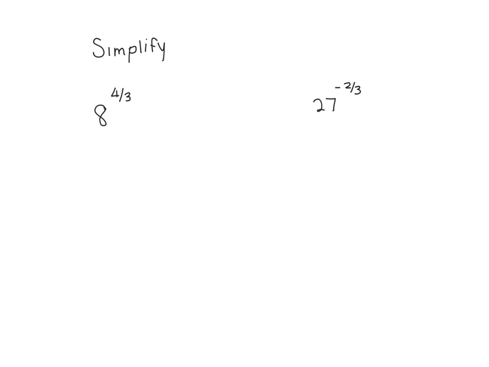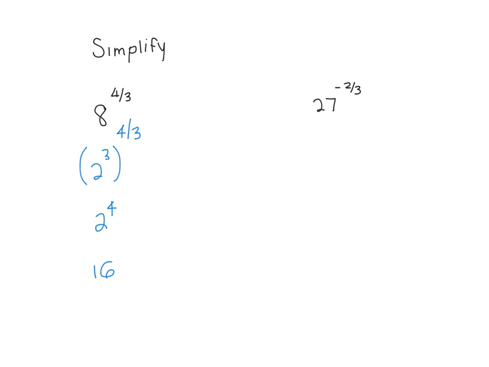Let's simplify the following. We have 8 raised to the 4/3. 8 is the same as 2 raised to the 3rd power. That's just 8. And we are raising it again to the 4/3. This is a power to the power, so you multiply the exponents. You're left with 2 to the 4th, which is the same as 16.